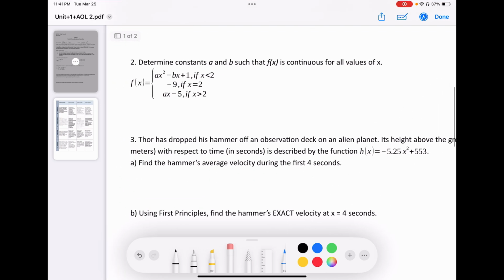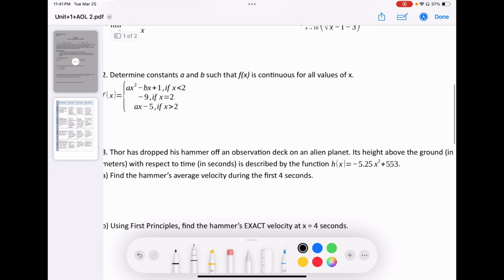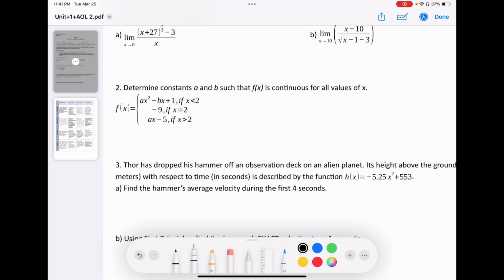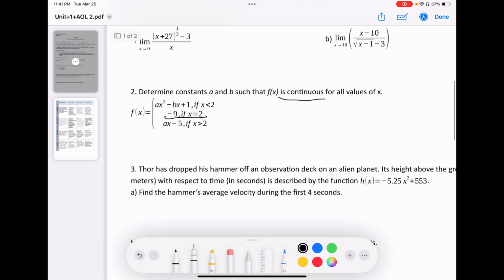Now we're going to do question number 2. It's asking that f of x has to be continuous at all values of x. So basically, this point in the middle has to exist on both of these equations.